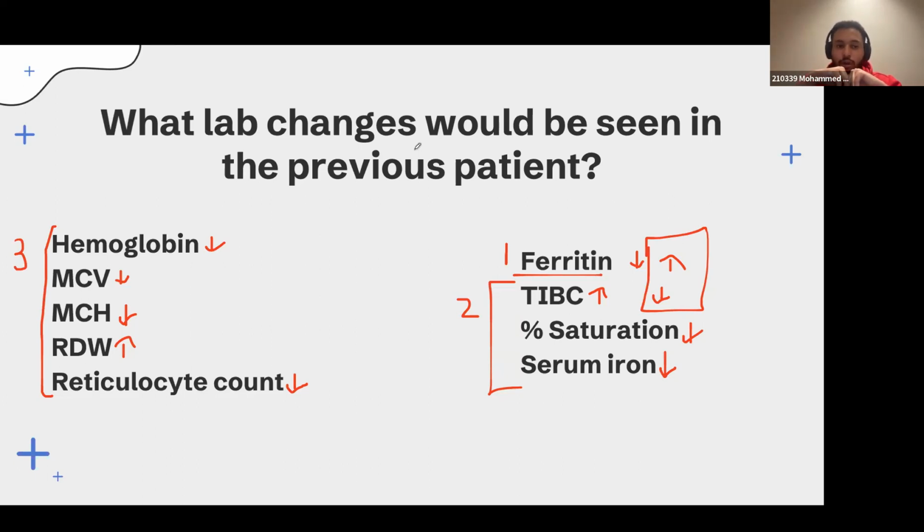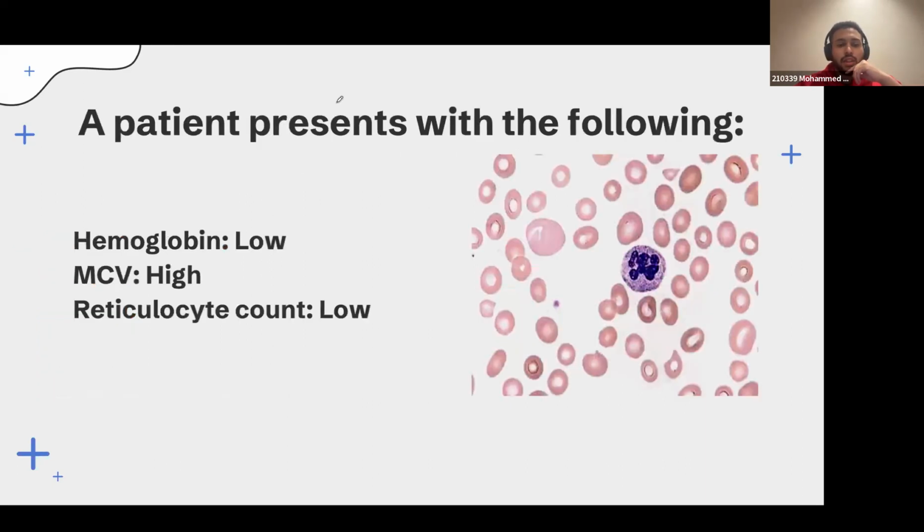Excellent. Hookworm is the most common cause. This is something that Dr. Ayhan wants you to know. A hookworm is the most common cause everywhere, especially in developing countries. However, in developed countries, it's most likely going to be a peptic ulcer disease, GI ulcer, something like that. Okay, chronic bleeding, pretty much. Okay, perfect, guys.